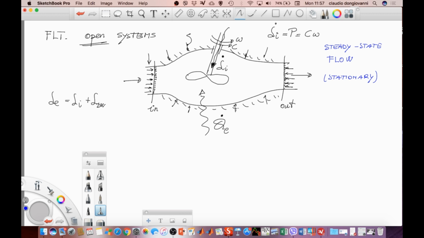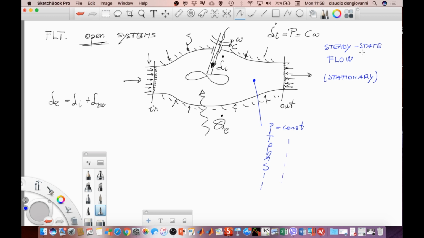No. In stationary condition or steady state flow means that if you put here some instruments able to measure pressure, temperature, density, enthalpy, entropy, and so on, they don't change. So this is the meaning of steady state flow.